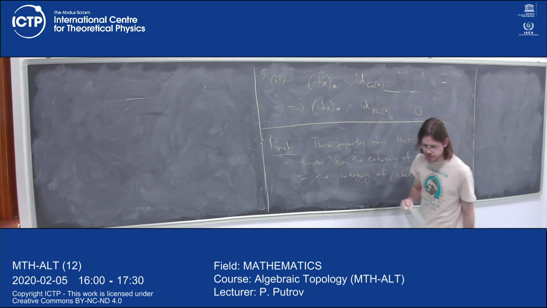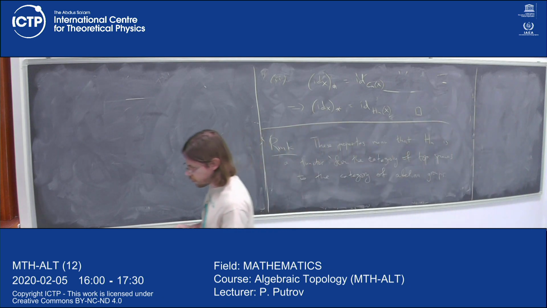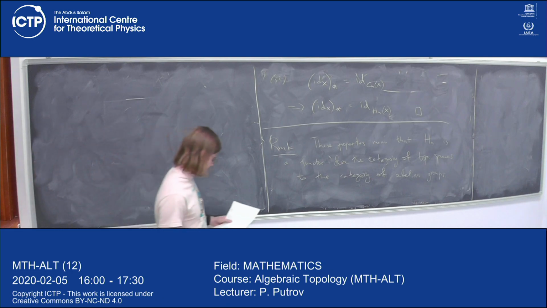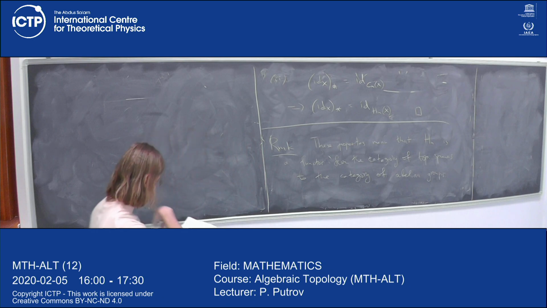So the kernel is abelian. The kernel of a homomorphism is automatically abelian, and the image is also an abelian subgroup. So this is just by construction, it's not some property you need to prove.